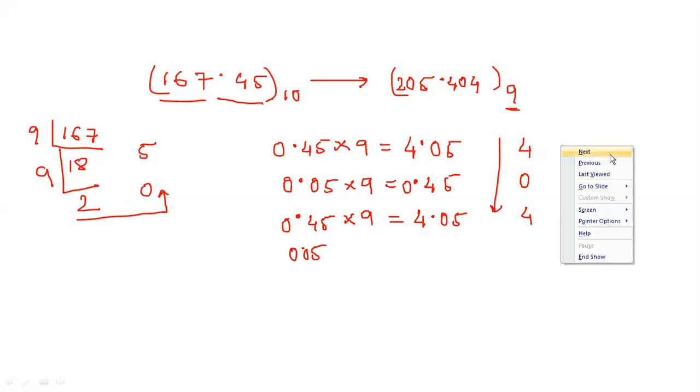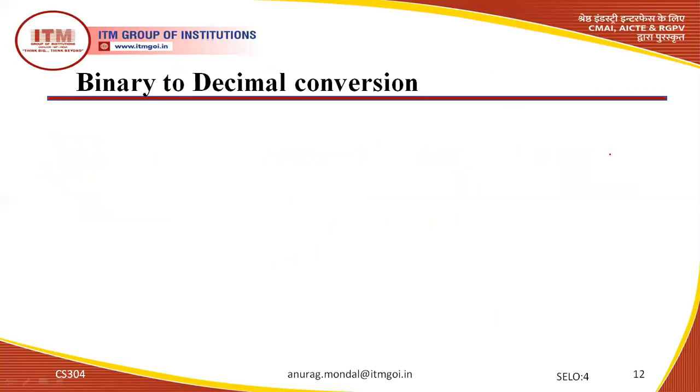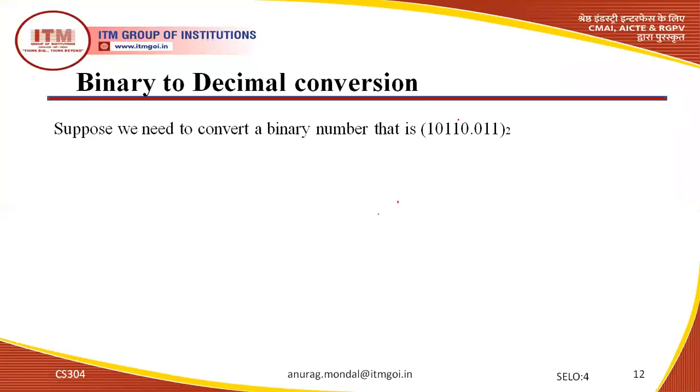Okay, now move on to the next part, that is the binary to the decimal. For the binary to the decimal, what we do, first step, we need a binary number that we have to convert into the decimal.